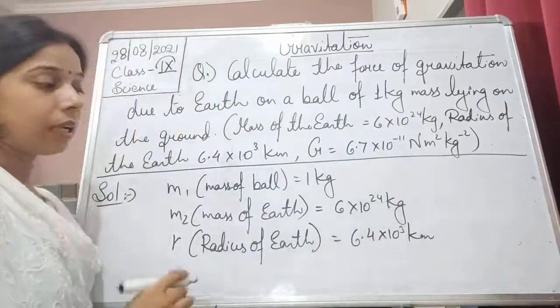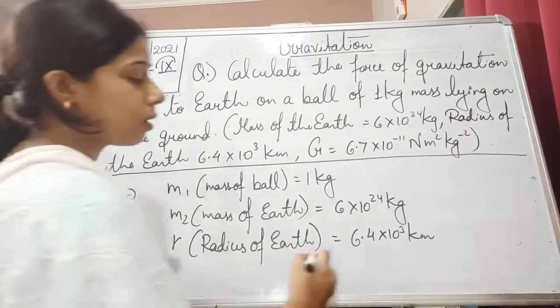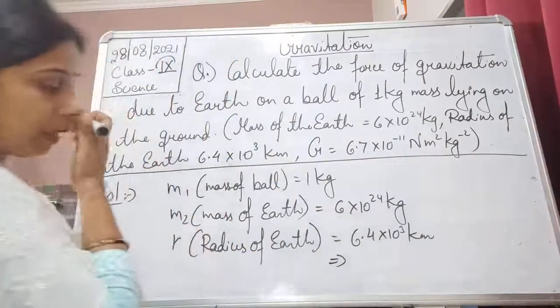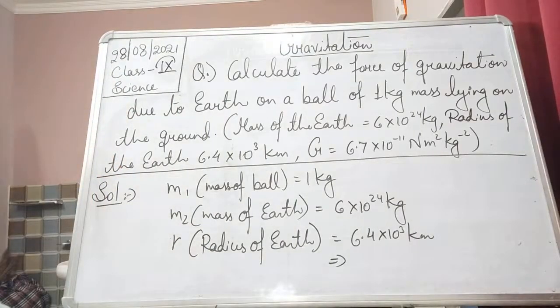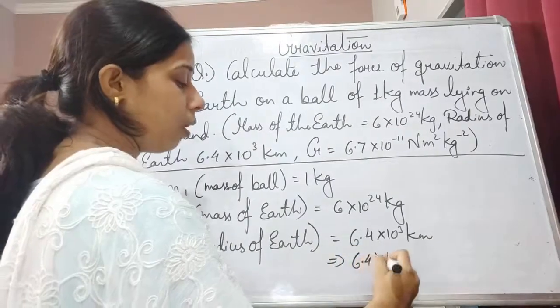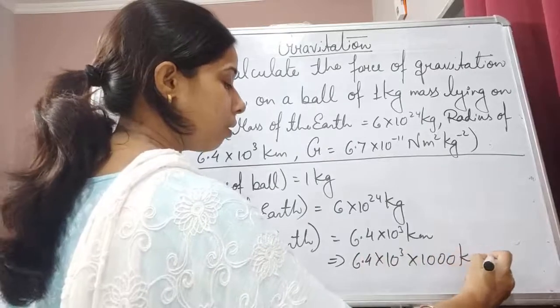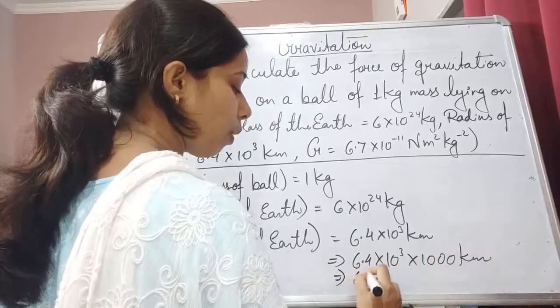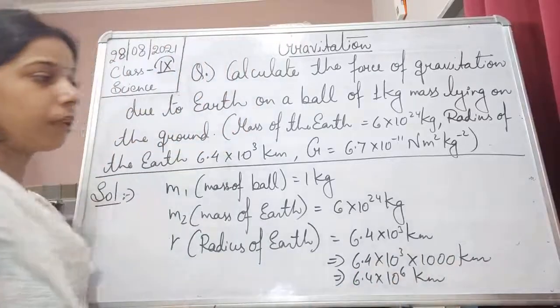Now, since it is given in kilometer, we have to convert it into meter. So we will simply multiply it by 1000. So it will become 6.4 into 10 to the power 3 into 1000, which is equal to 6.4 into 10 to the power 6 meter.